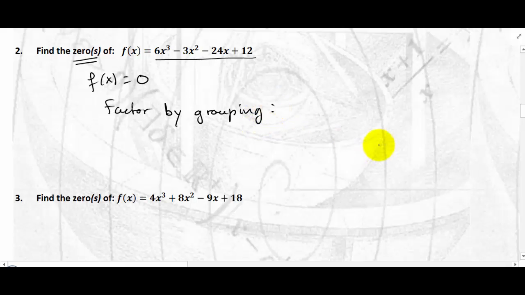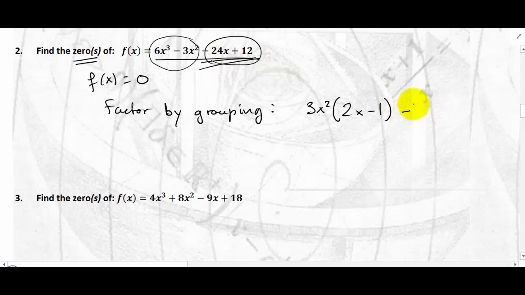What does it mean? In this case, I'm just going to group these two and these two, and let me see if I can take something out. Let me try 3x squared out of the first two, and I will have 2x minus 1. On the last two, I'm going to take negative 12, and I have 2x minus 1.